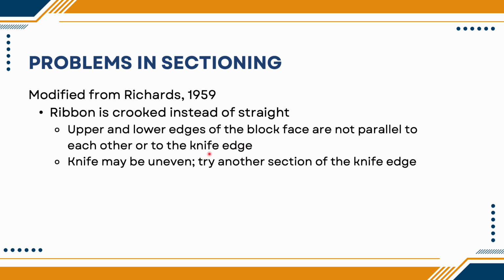The knife may be uneven, so you should try another section of the knife edge. This recommendation is typically associated with disposable knives because you could just adjust the area kung asan sa disposable knives ang gagamitin nyo na cutting edge against the surface of the tissue block.